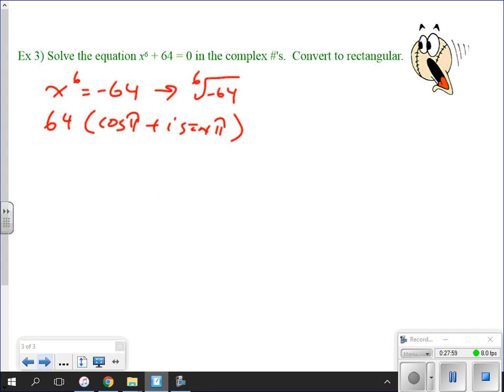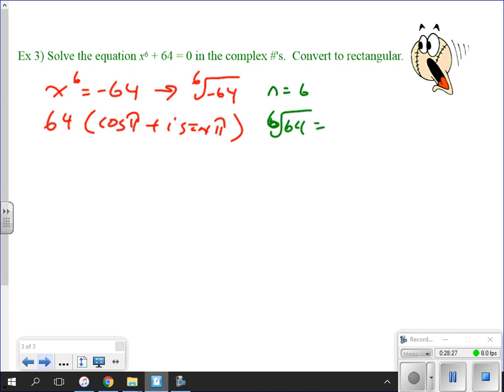Now I need to take the nth root. In this case, the 6th root. So n equals 6. My r here is 64, so what I'm going to have in front is the 6th root of 64.